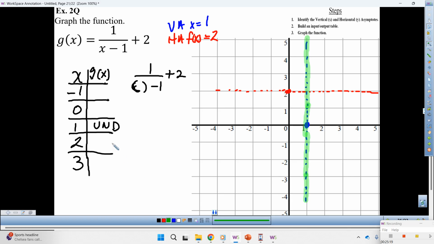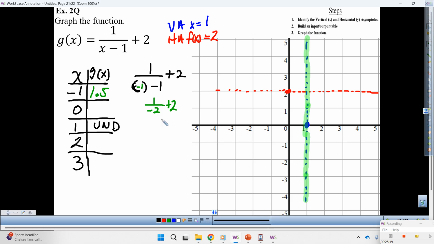Let's substitute our first value, -1. We end up with 1 over -1 minus 1, which is -2, plus 2. So what is 2 plus -1/2, everyone? 1.5.